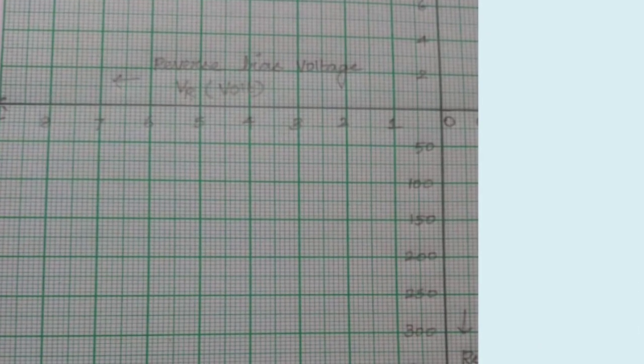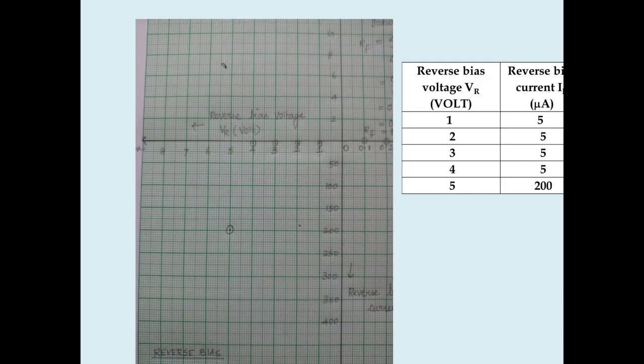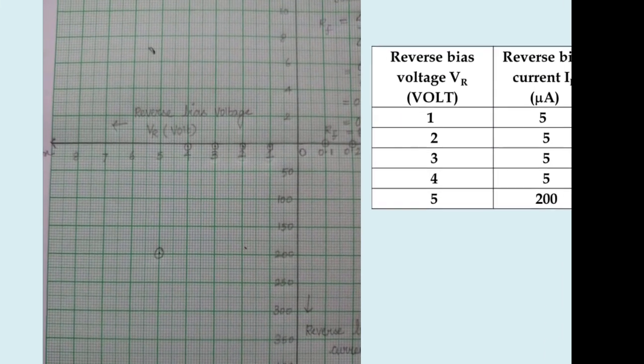On the y-axis, we have taken 50 microamperes. So, we have plotted along the minus x-axis as 1, 2, 3, 4, 5, 6, 7, 8, and along the minus y-axis, it is 50, 100, 150, 200, 250 microamperes.